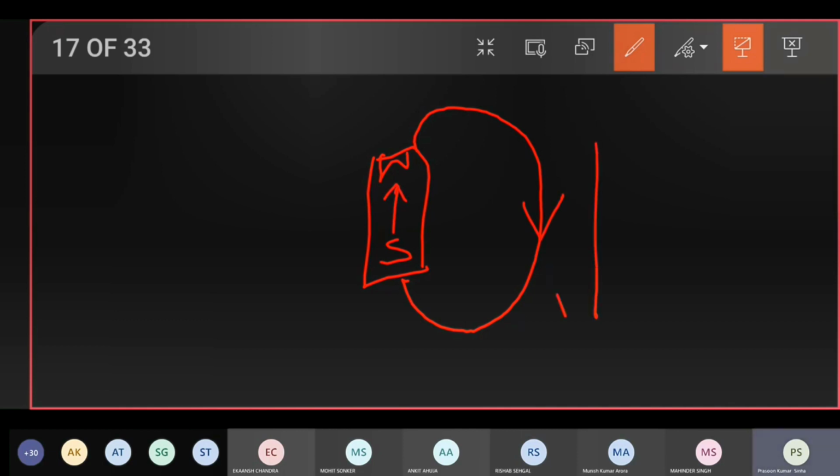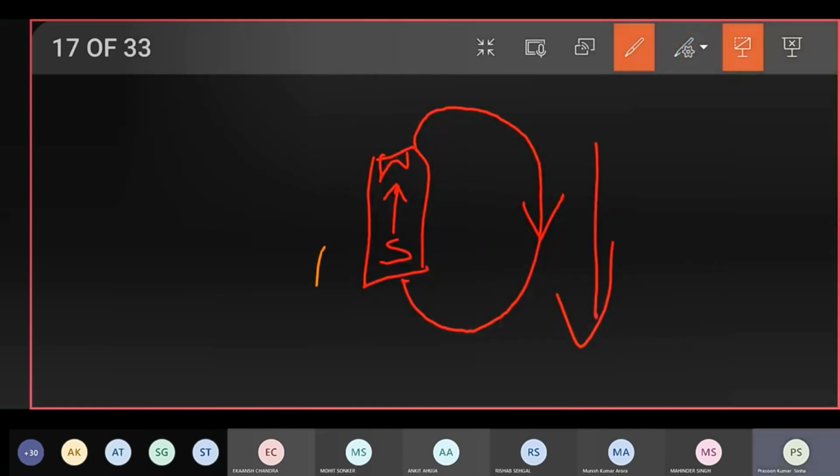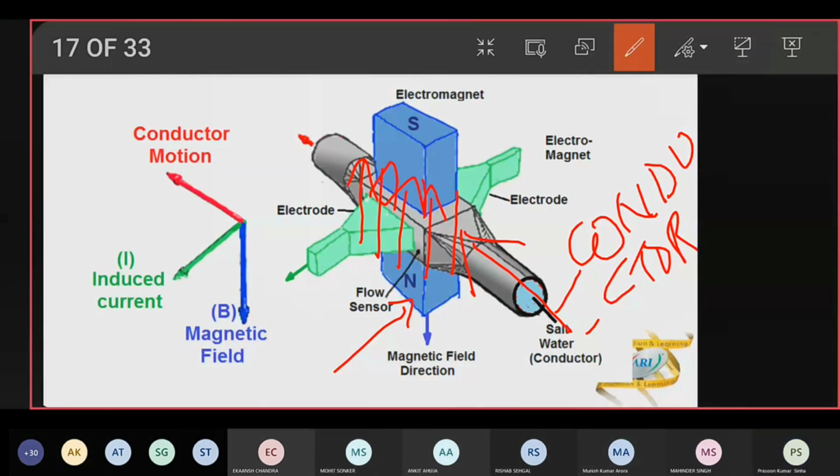So we will take this direction as the direction of the field. अभी जो हमारे पास डायग्राम थी उसमें north was here and south was here. So the direction of the current will be this. Take a look here. So please tell me the direction of the current. Mutually perpendicular to each other. Yes, sir.